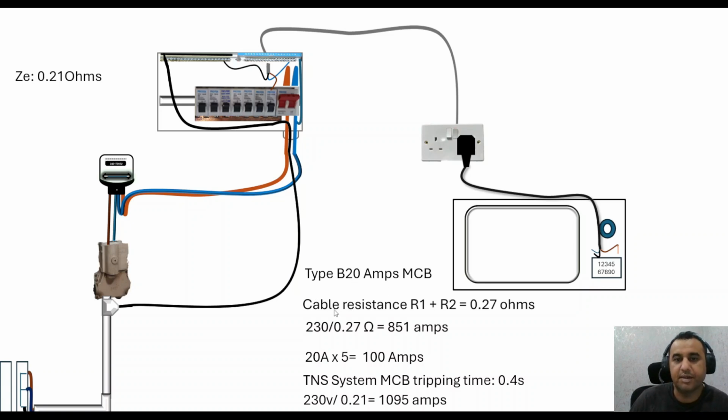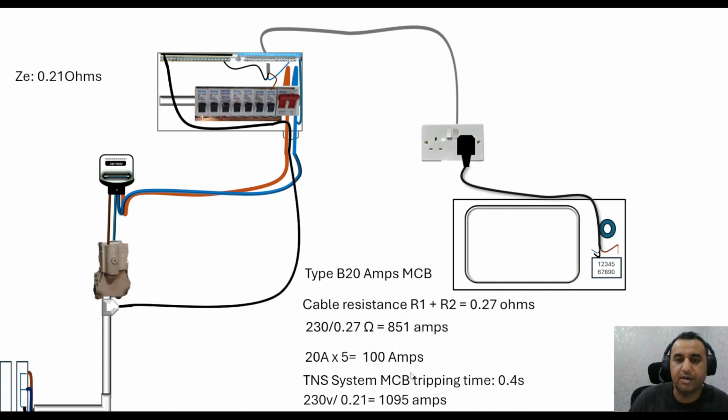We've got a 20 amp MCB, and the resistance is 0.27. The current is taken out. There's the earth fault current here. We have 851 amps. So this MCB needs a maximum of 100 amps to trip within 0.4 seconds. This is what we need to achieve.